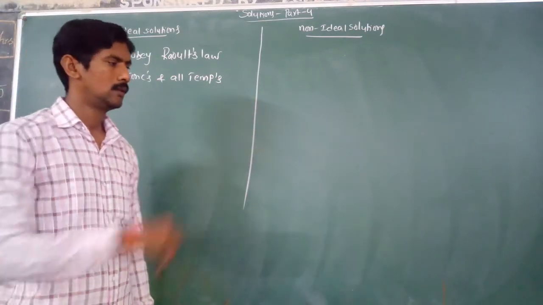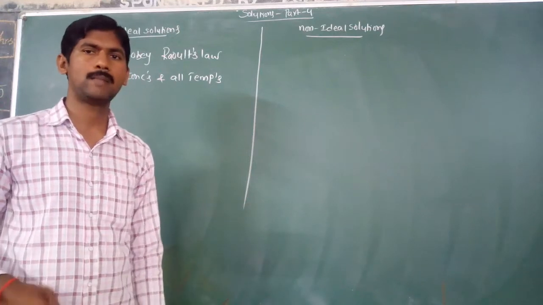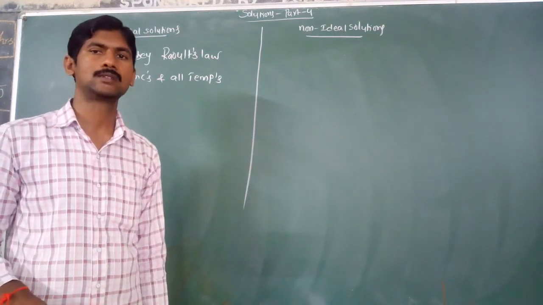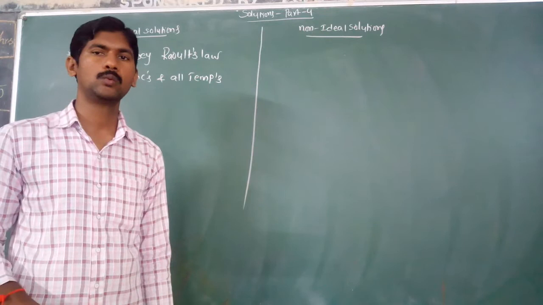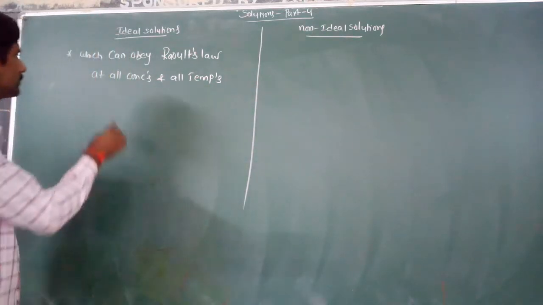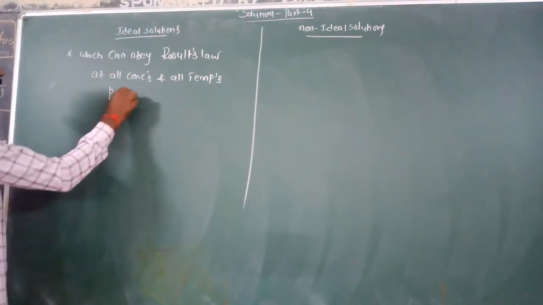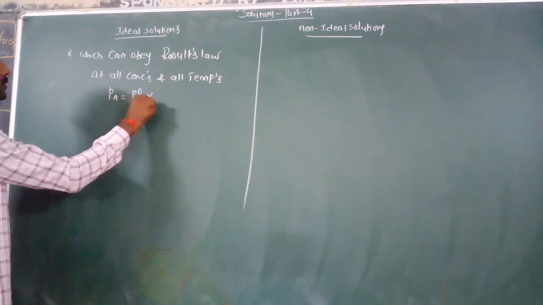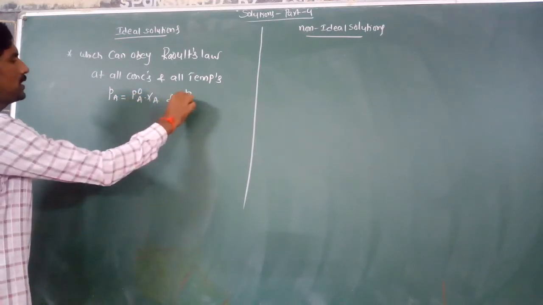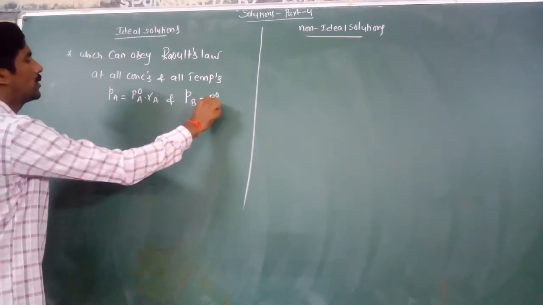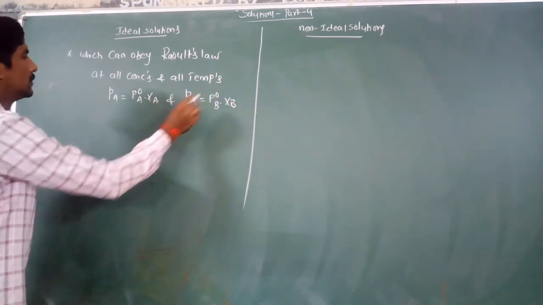Just now we discussed the mathematical expression of Raoult's law for two binary components. PA is equal to P naught A into XA and PB is equal to P naught B into XB.